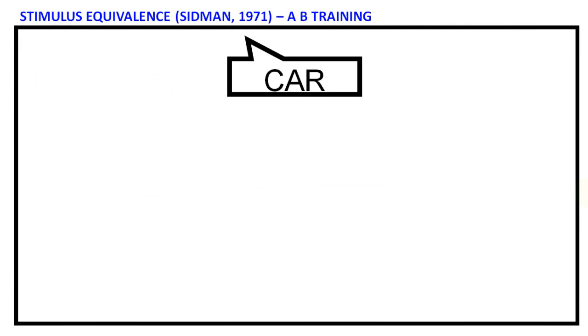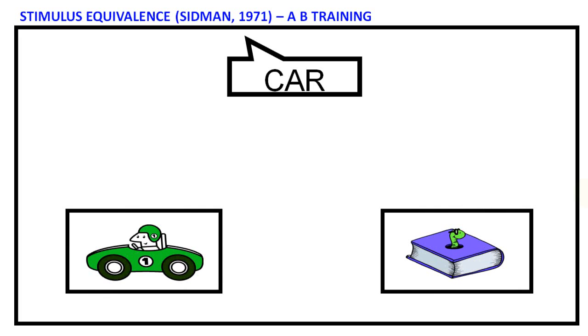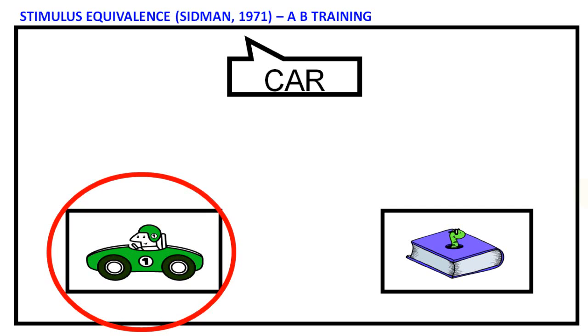So in Sidman's initial training, we will have an auditory stimulus such as the word car, pronounced car, and then the child would have to choose one of two comparison stimuli, and if the child chose the image with the car in it, that behavior would be reinforced.